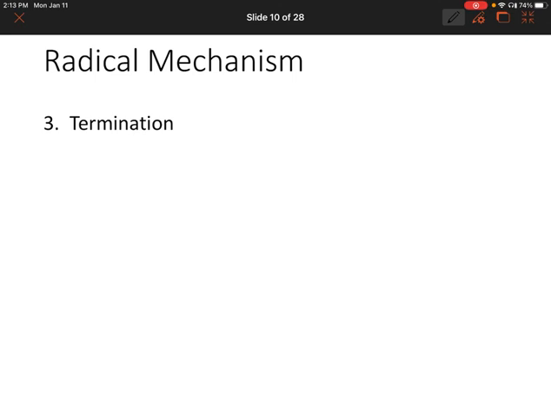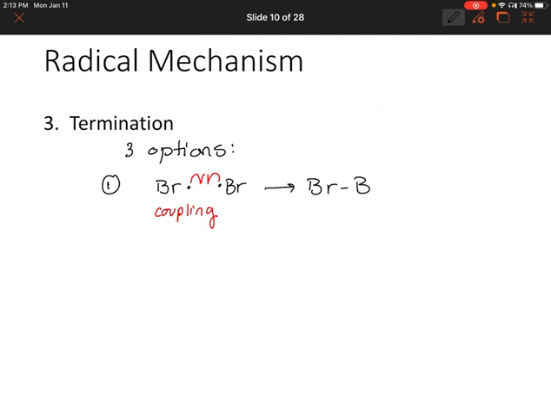Okay, so there are three different options for termination. One, two bromine radicals can rejoin each other and form a bond. So this is called coupling. And we get one of our starting materials back, which is bromine.